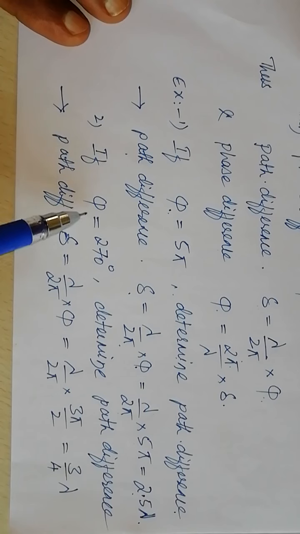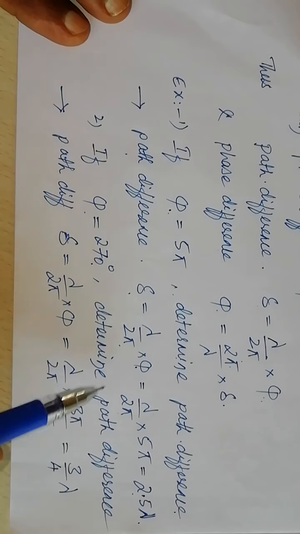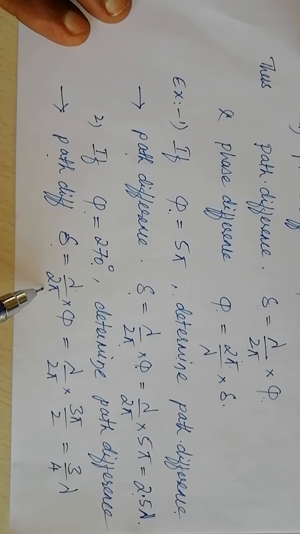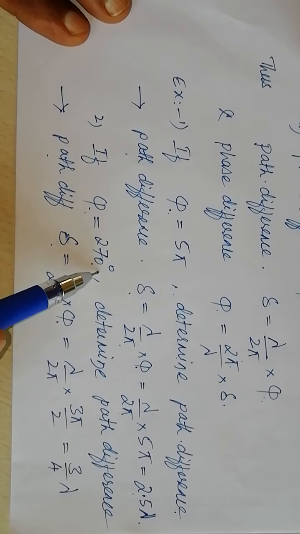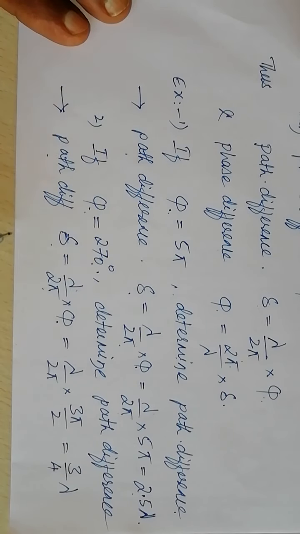If the phase difference is 270 degrees, determine the path difference. Path difference delta equals lambda by 2 pi into phase difference phi. But here the phase difference is given in degrees, so you have to express it in radians. Then 270 degrees is the same as 3 pi by 2 radian.